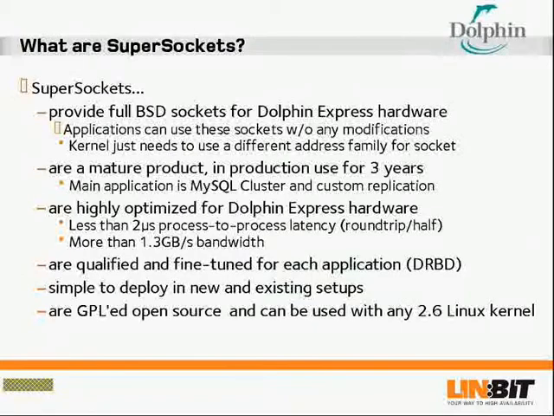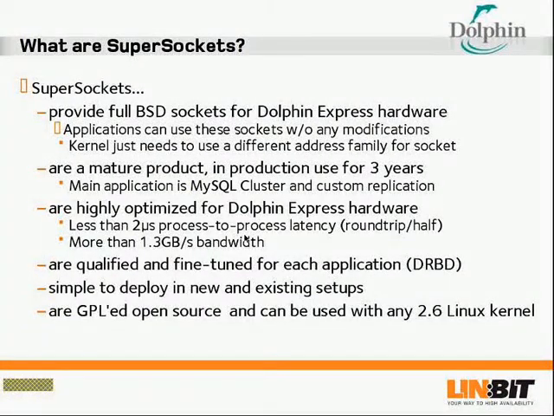We can see that Dolphin Express is not only a piece of hardware, but also a very sophisticated software stack. What you will see in this software stack is the component named SuperSockets. SuperSockets are basically full BSD sockets as you know them, as nearly everyone uses them in applications.